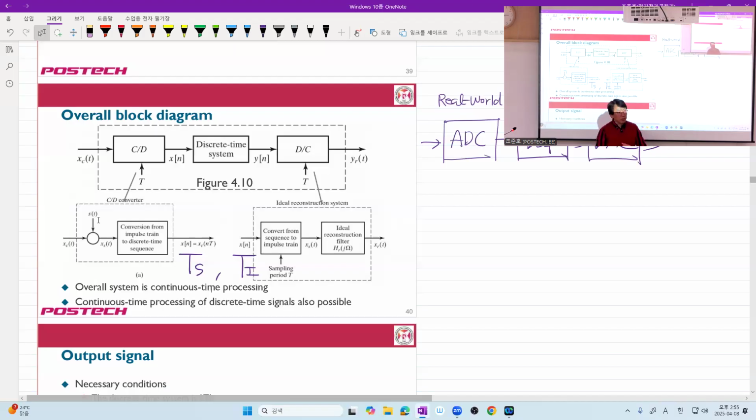And Korean engineers exploited this approach. They found that in the C2D converter and the D2C converter, there is not much to interfere, and they put every processing there.